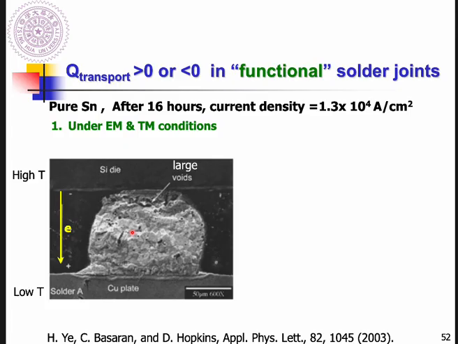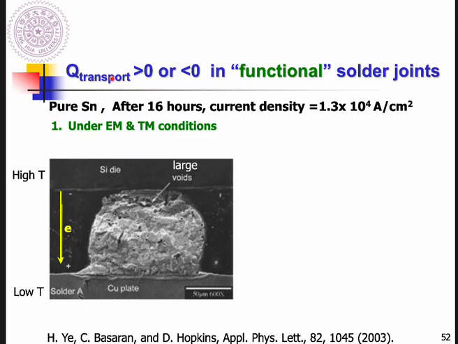You do have two possible driving forces. The first one is electron flow, and the second one is the temperature gradient. They are both driving forces. But we want to know the sign of the heat of transport.